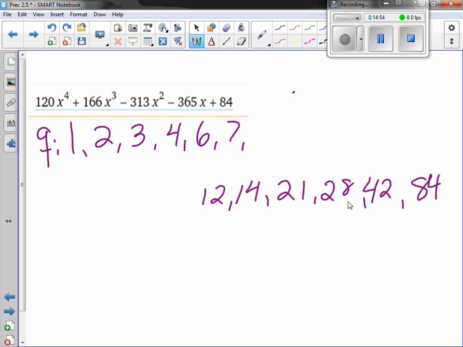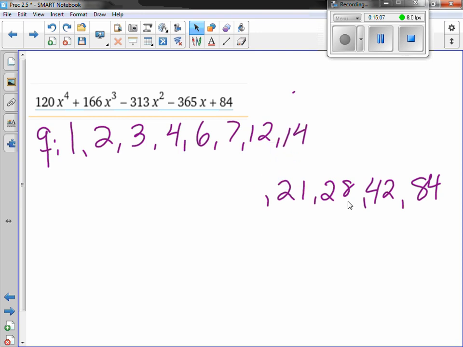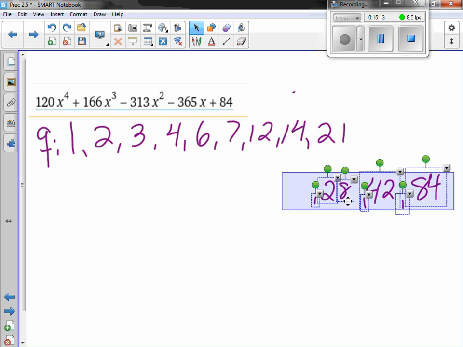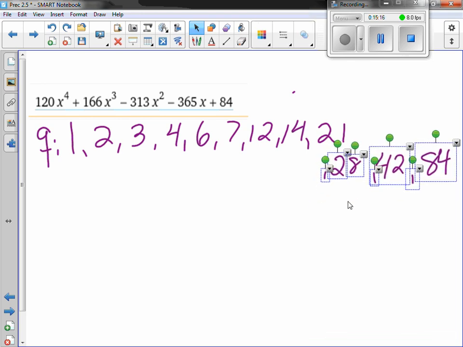How about 9? No. 10. We're done. 12, 14, 21, and I'll leave the rest of these down here because we're not going to have space.